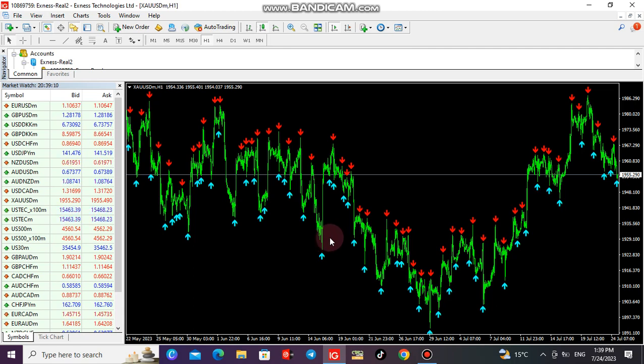So I would advise you guys to use the lowest lot size as possible. Let's say you are having $100 and you are going to use one lot on that $100.